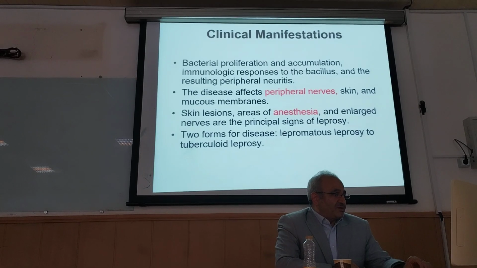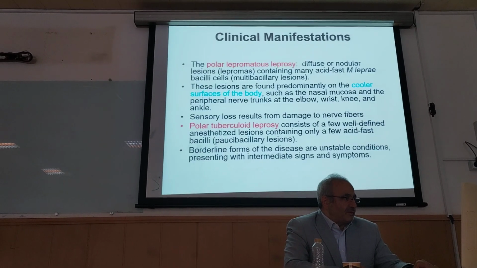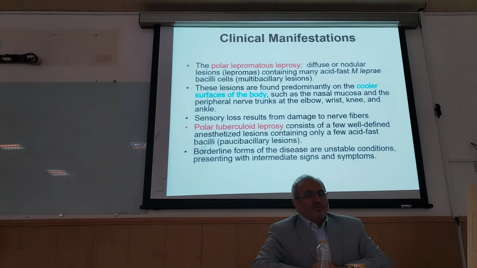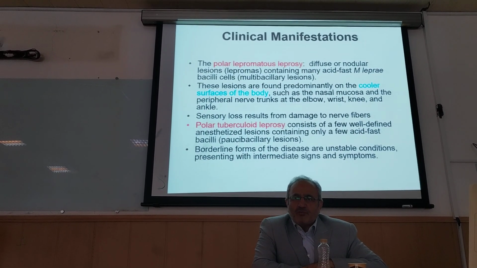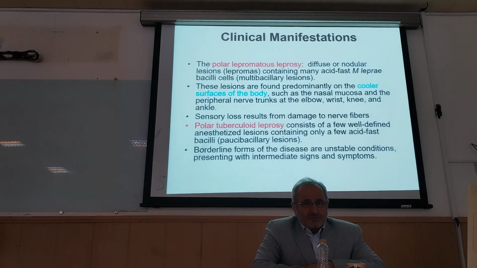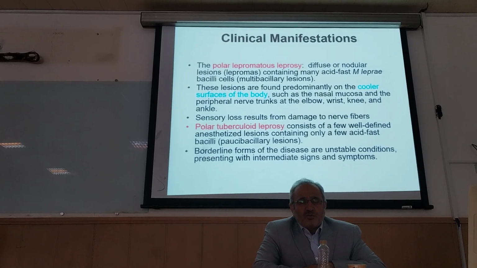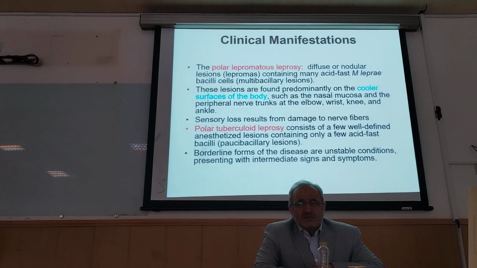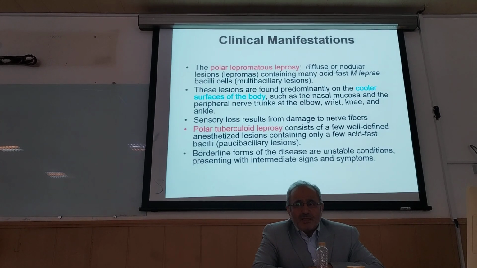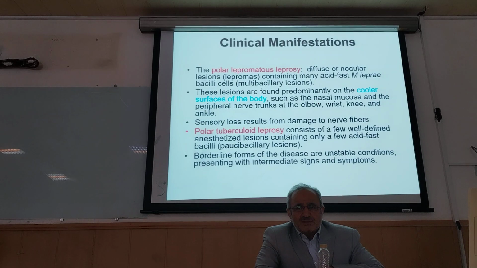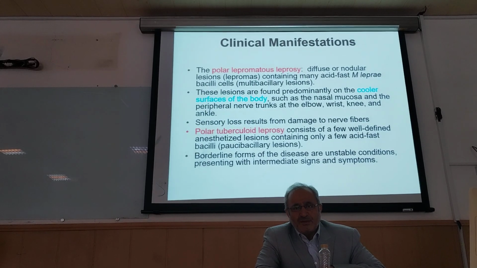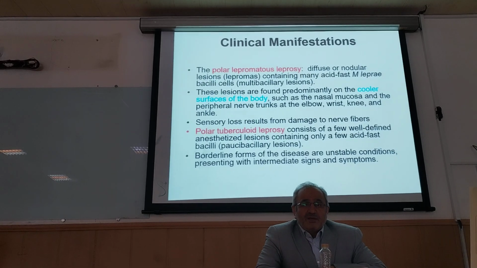Okay. We have two forms of leprosy: polar lepromatous leprosy and polar tuberculous leprosy. In polar lepromatous leprosy, the humoral immunity is active and a lot of antibodies are produced in the body, and these antibodies are not protective.